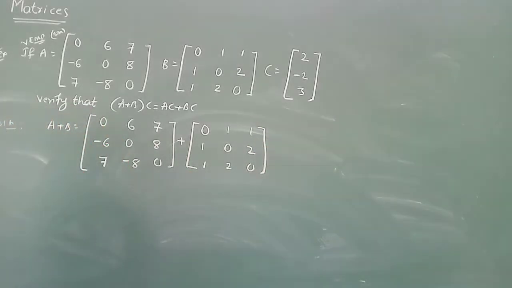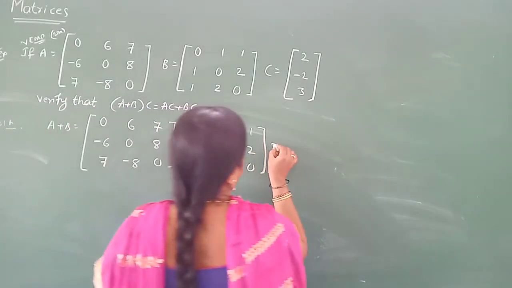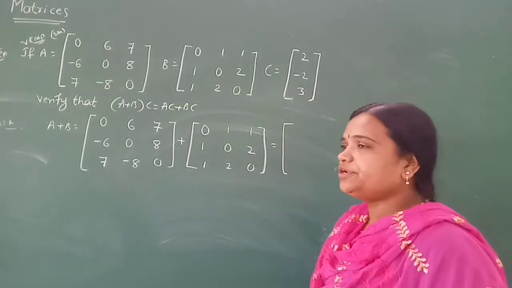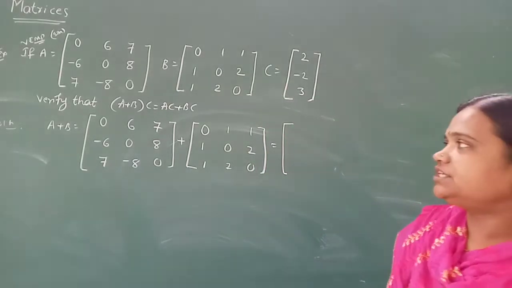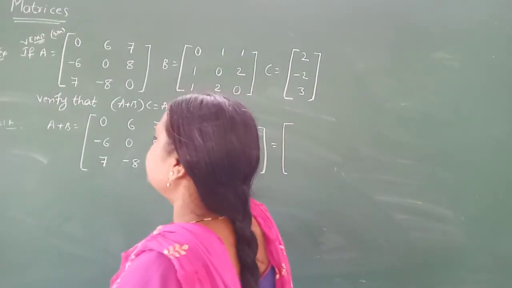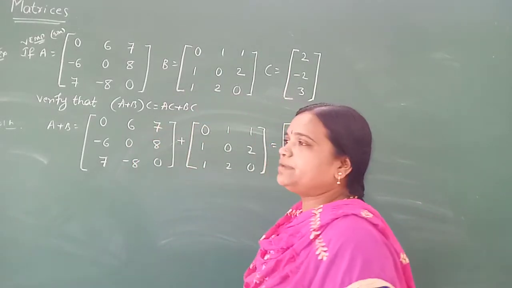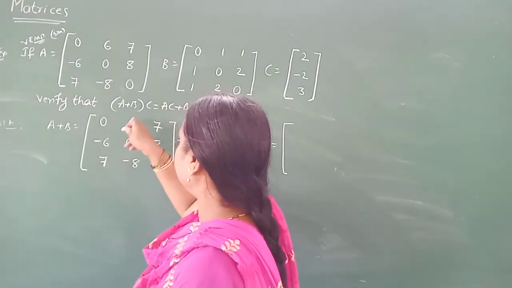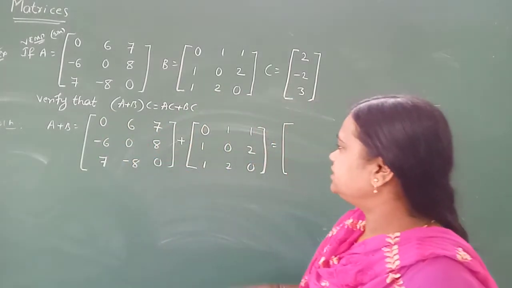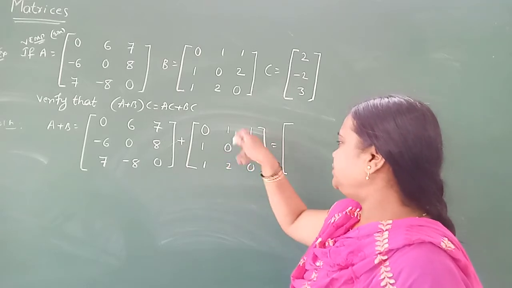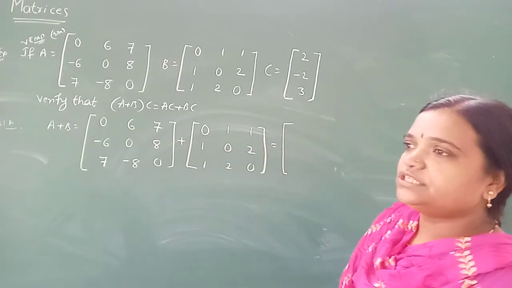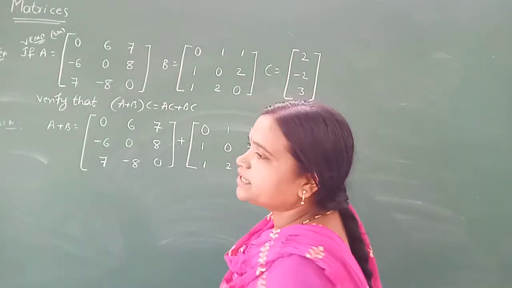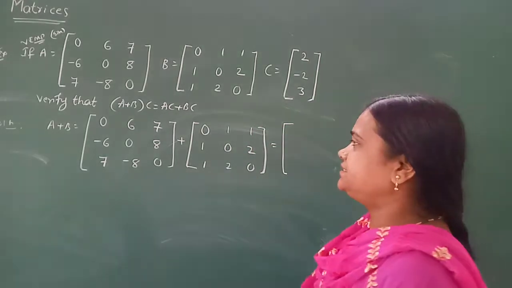Add these two, we will get A plus B. According to the definition of addition, the orders of the two matrices should be the same. See, both are 3 cross 3. How many rows? 3 rows, 3 columns. Then corresponding elements are added.